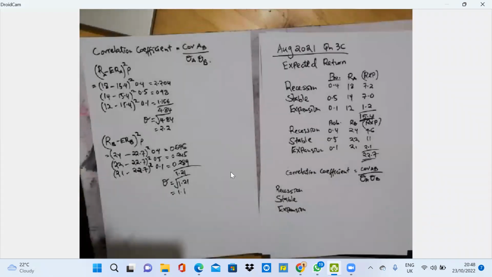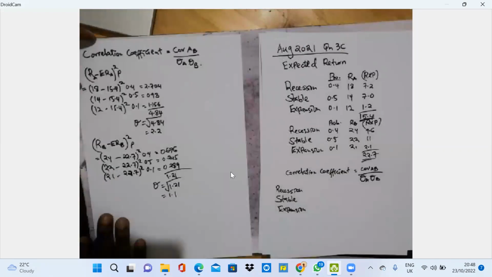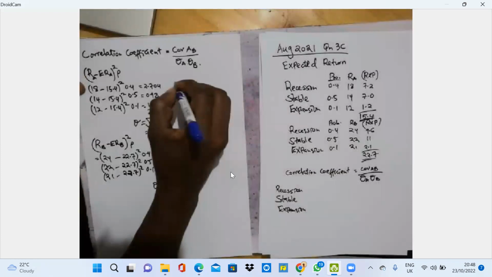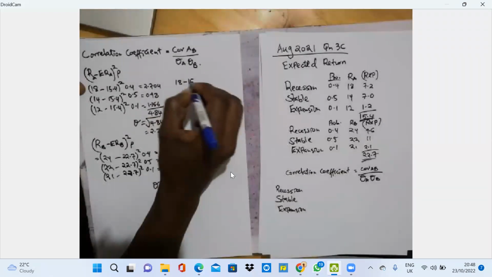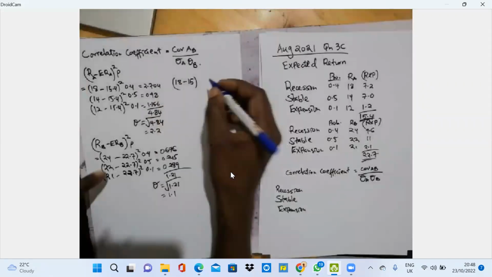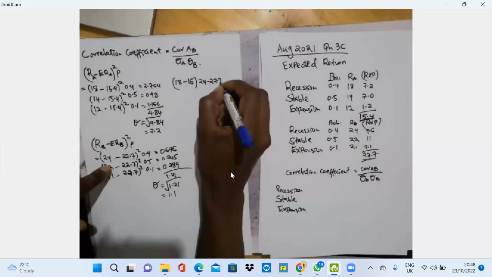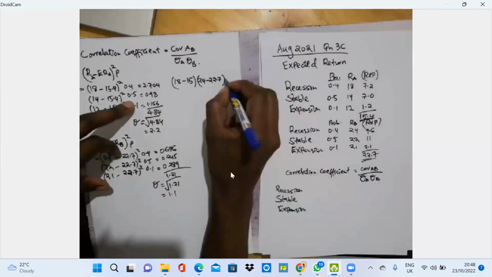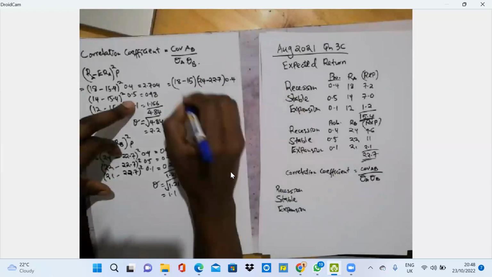Now we want the covariance. The covariance, we take 18 minus 15.4, then 24 minus 22.7, and multiply by the probability, which is 0.4.